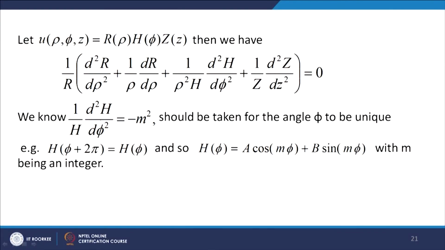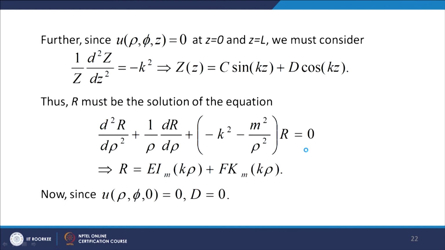So we have to consider minus m square, and H will be equal to a cos m phi plus b sin m phi. So H(phi plus 2 pi) will be equal to H(phi), provided m is an integer. So for this to hold, m has to be taken an integer. And u is equal to 0 at z equal to 0 and z equal to L.